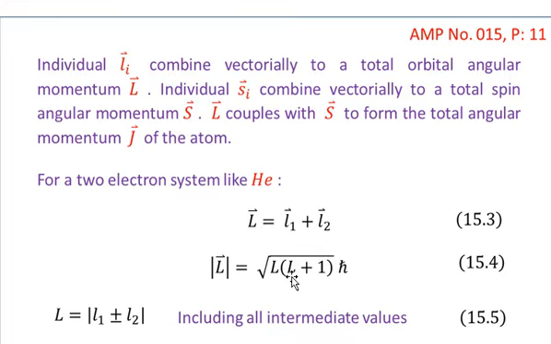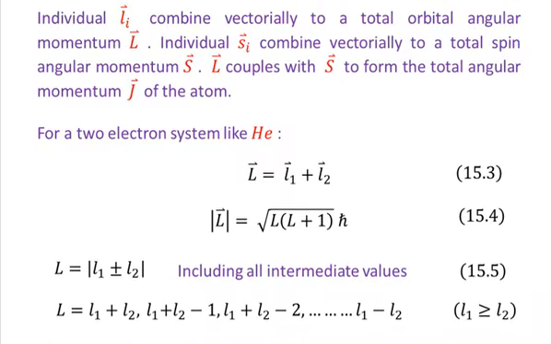Without the vectorial notation, this is the orbital quantum number. So on the right hand side in the square root sign, I have the total orbital quantum number, whereas on the left hand side I have the magnitude of the orbital angular momentum, as shown in equation number 4.